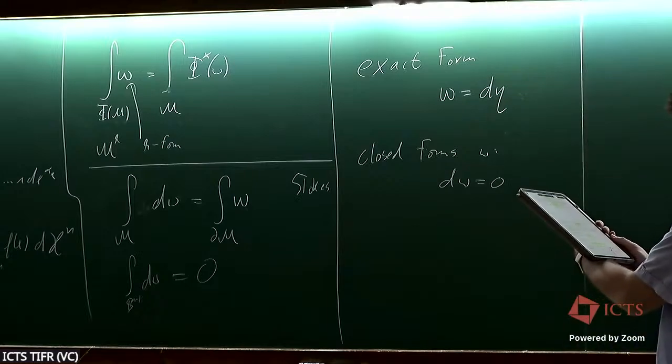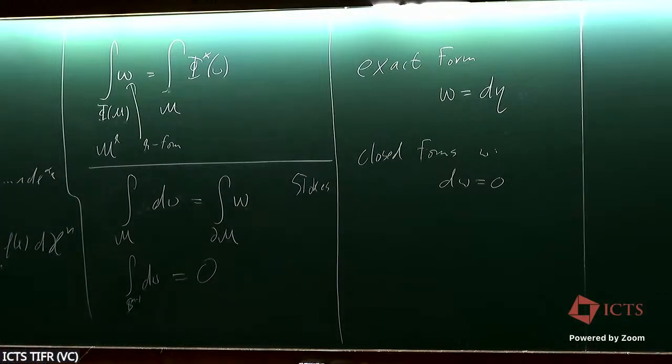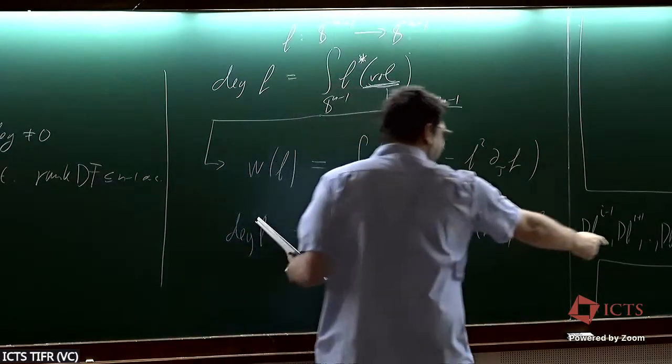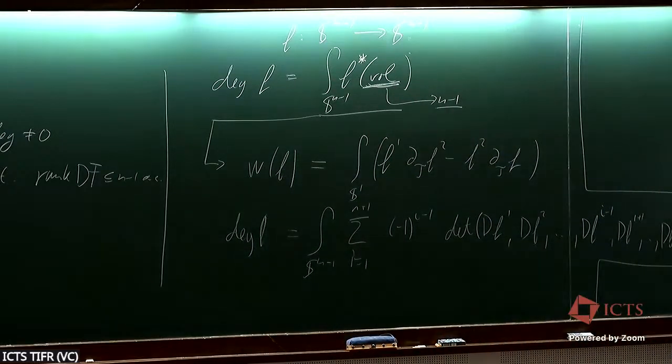All right. I promised to talk about the volume form. What's the volume form? On the sphere, it's exactly that thing, but just written as a pullback, right? So we just encode it.